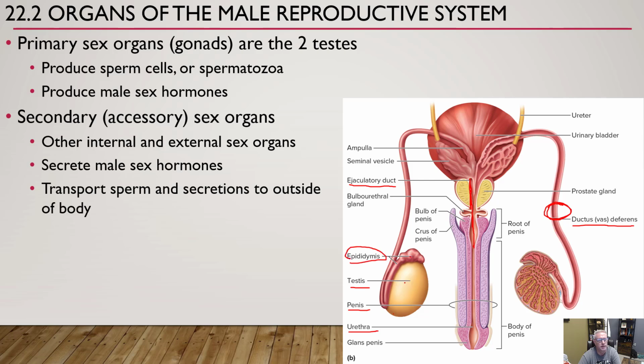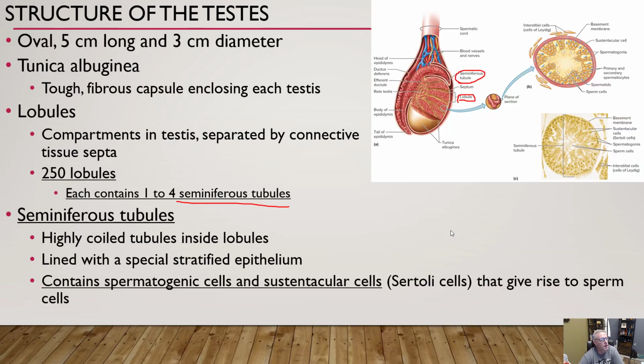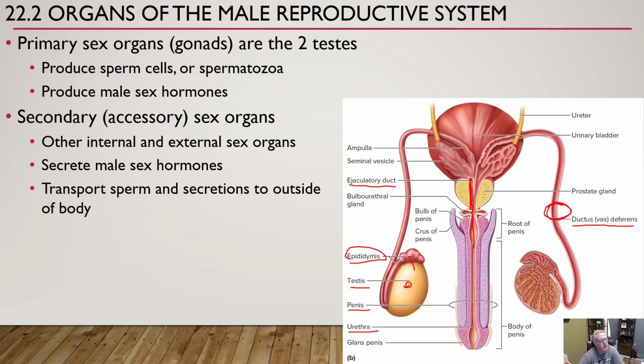The rete testis would transport the sperm from the testes to the epididymis. And then the epididymis is another coiled tube that transports the sperm to the vas deferens. You can kind of see that here.